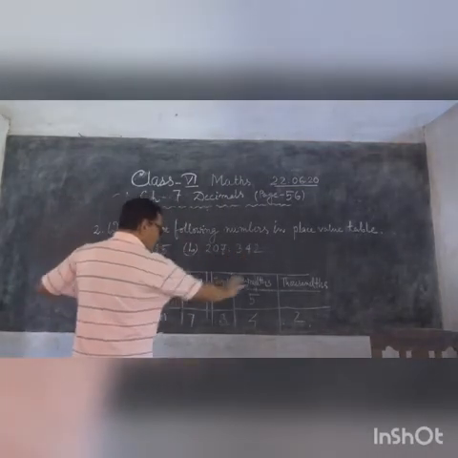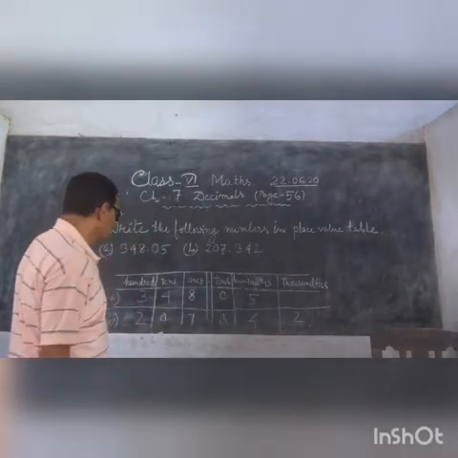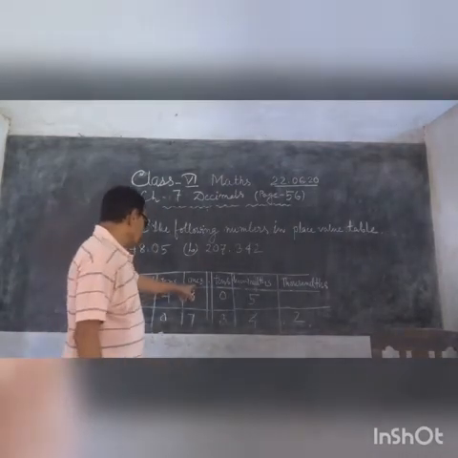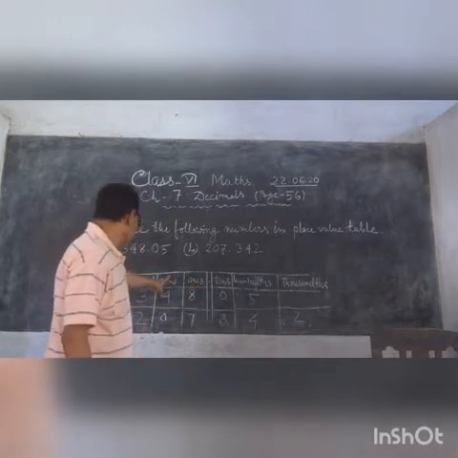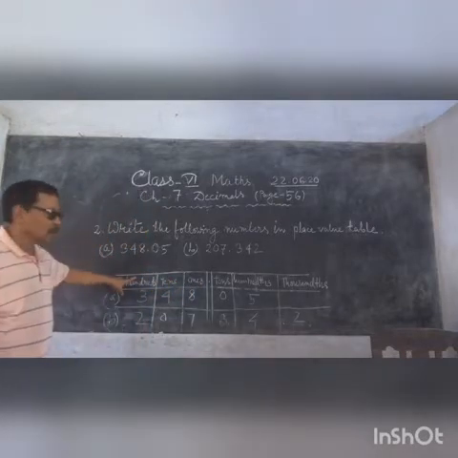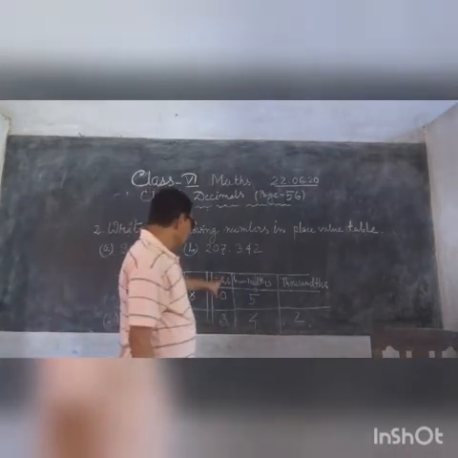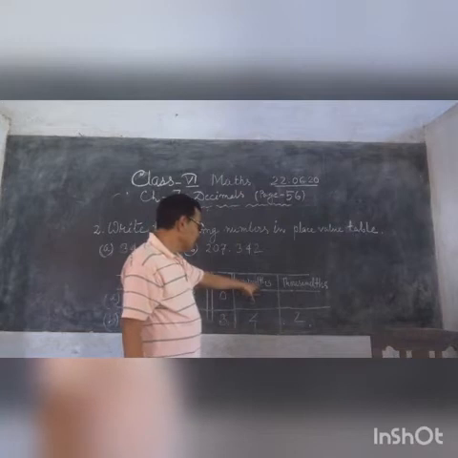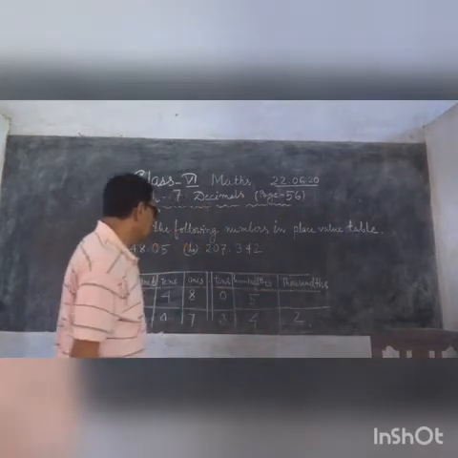First of all, make the place value table. For whole numbers, ones place, tens place, hundreds place, and on the right side decimal places, tenths, hundredths, and thousandths. First of all, make the table.